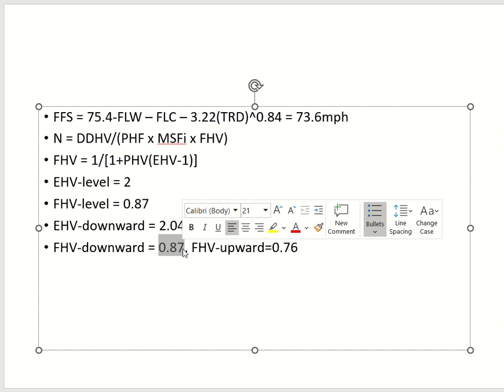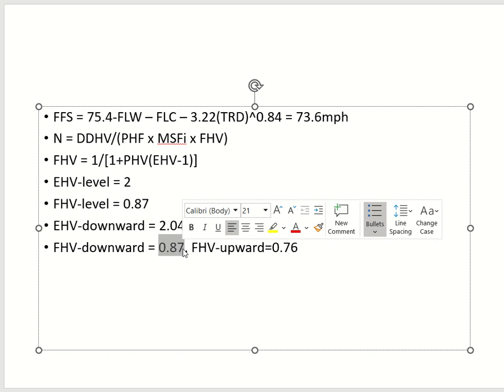Got it? By chance. Because obviously EHV for level and EHV for downward are coming from 2 different tables. They have different values. Okay, so here it is coming by chance same.